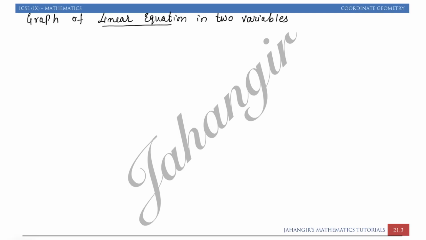This is the main concept of our graph, linear equation of two variables. So there are three types of equation. The first is where we have only the x value, just like x equal to a constant.